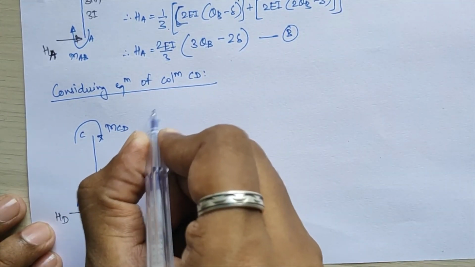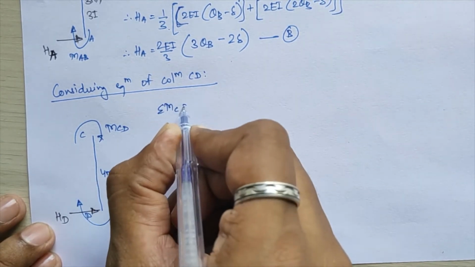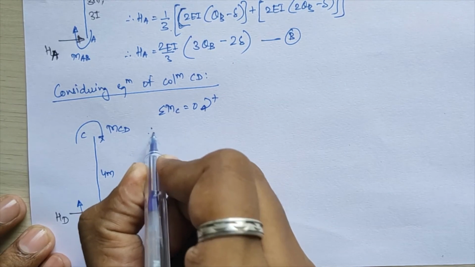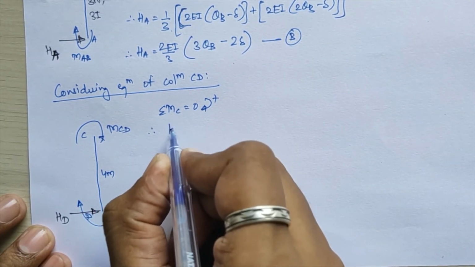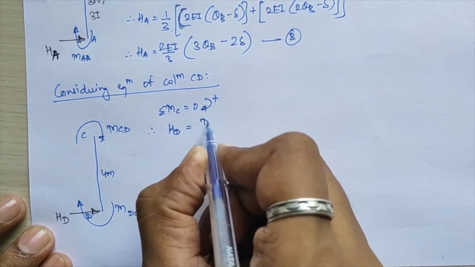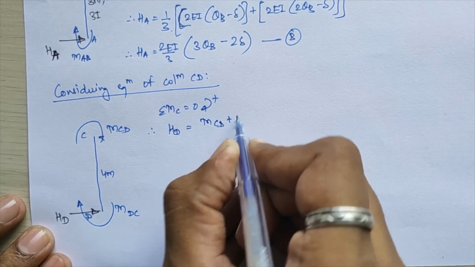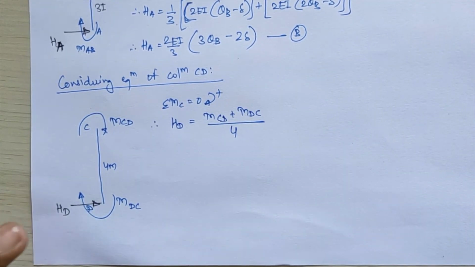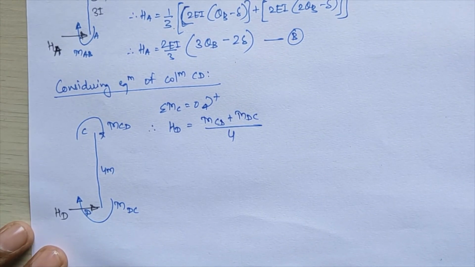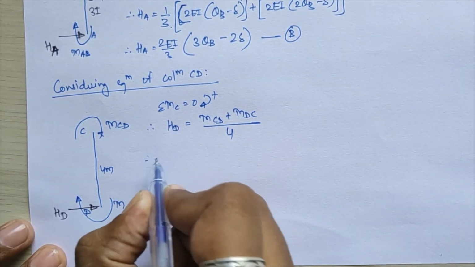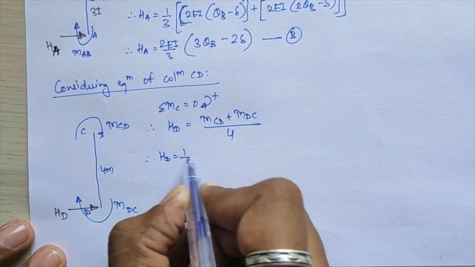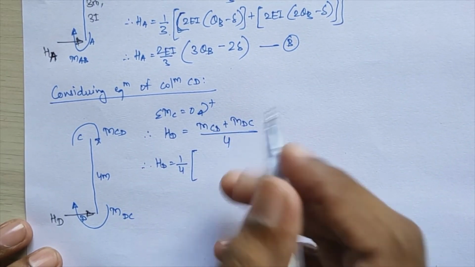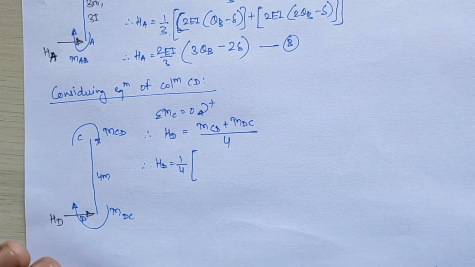Okay, so I have to calculate the HD value, so I'll take moment at point C equal to 0, treating clockwise moments as positive. So what I'll get is HD, directly I'll write, MCD plus MDC divided by 4. Here again I'll take 1 by 4 common and substitute the values of MCD and MDC, that is equations number 5 and 6.